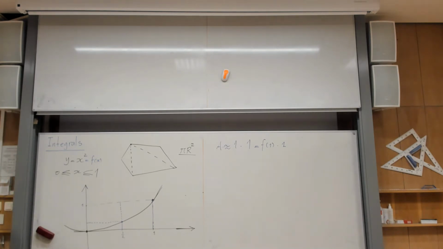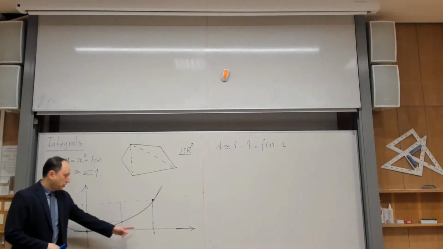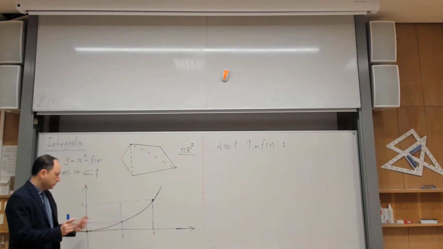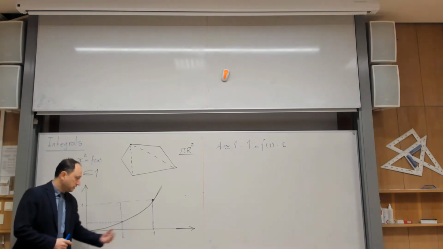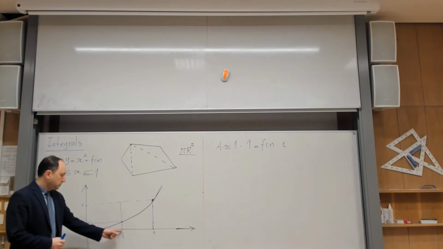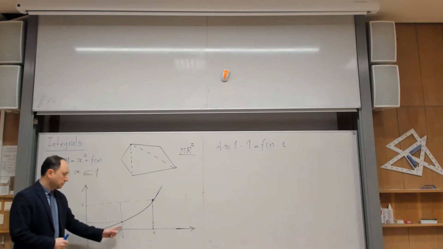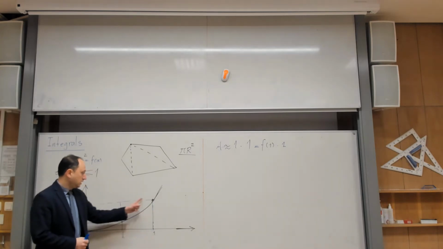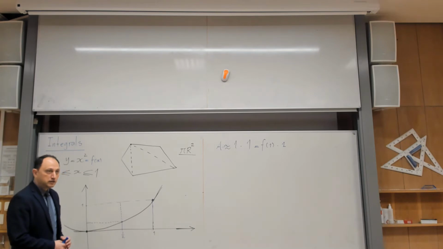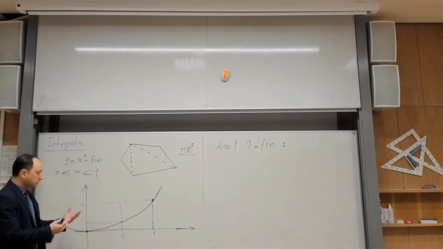So what I have done now, I have partitioned my interval into two equal segments. And then from the midpoint, I drew a vertical line. And whenever it intersects the curve, I completed this rectangle. And I did the same thing here. I completed this rectangle. Now I have two rectangles.